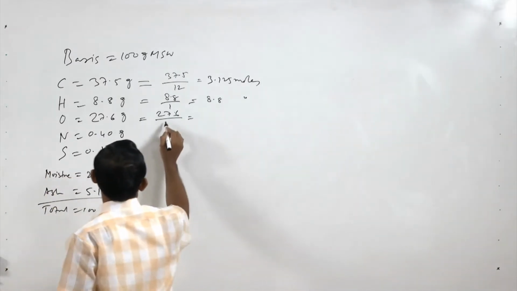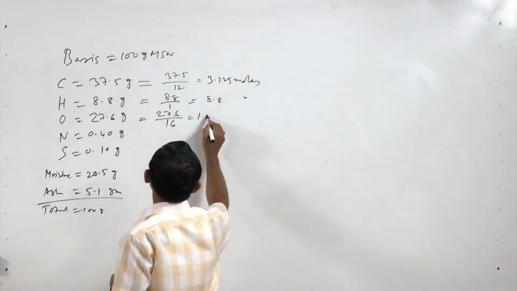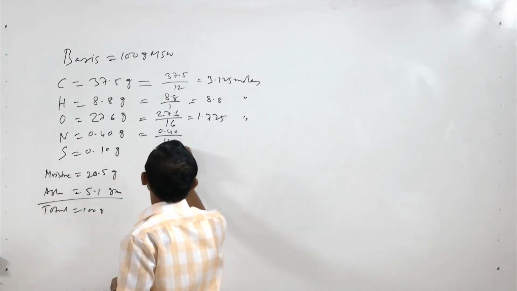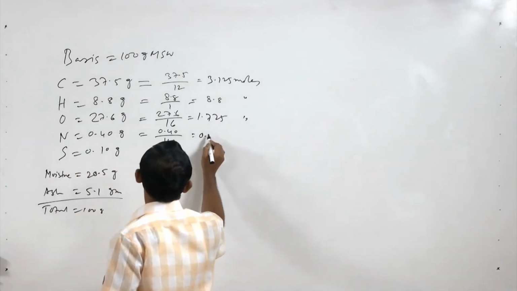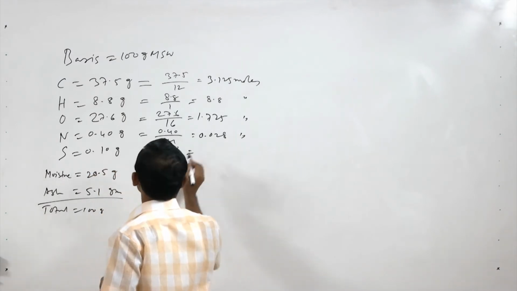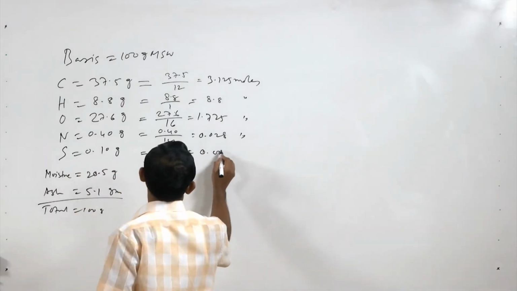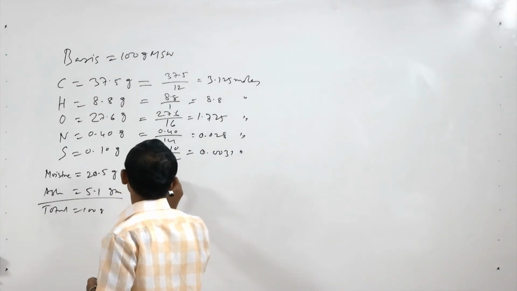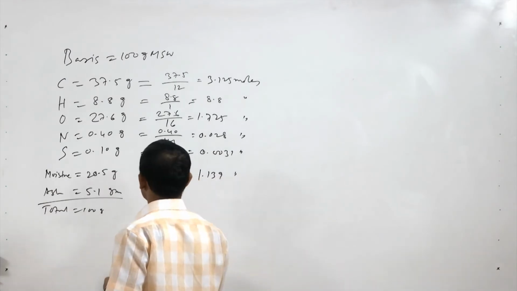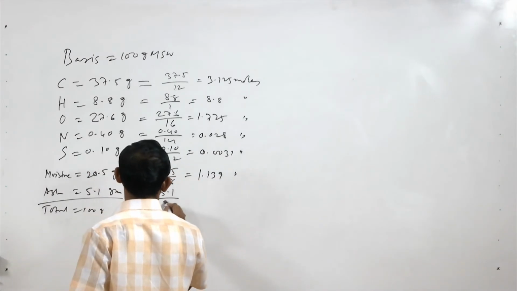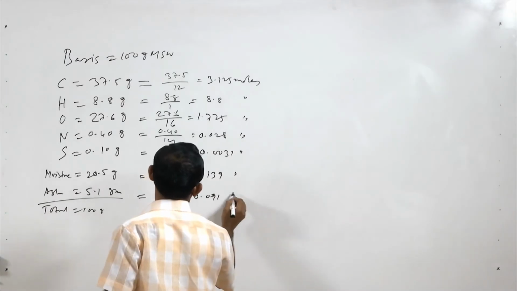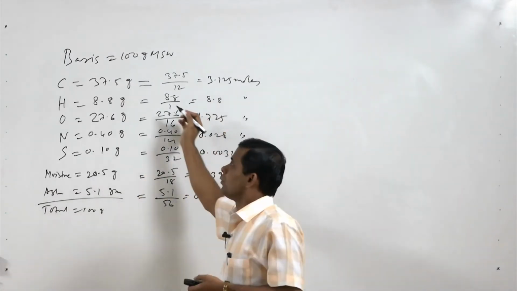So, it is giving 1.725 moles, then nitrogen will be 0.40 divided by 14, that is equal to 0.028, and for sulfur this is equal to 0.10 divided by 32, that is equal to 0.0031, and for moisture 20.5 divided by 18, that is equal to 1.139 moles, and for S 5.1 divided by 56, that is equal to 0.091 moles. So, these are the moles present in the MSW.